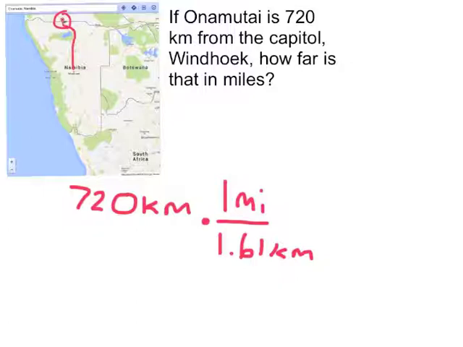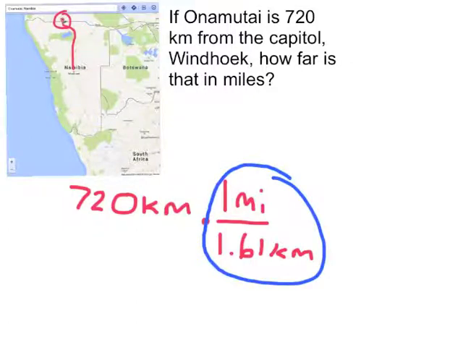So you can see that this conversion factor is the two things that were equal. 1 mile is equal to 1 61/100 kilometers. So I'm going to multiply this ratio or fraction times this one. So 720, how do I turn it into a fraction? I put it over 1.